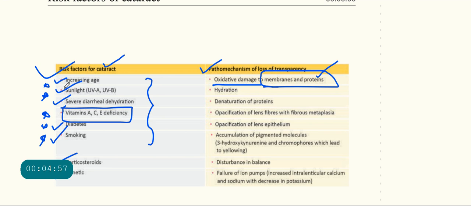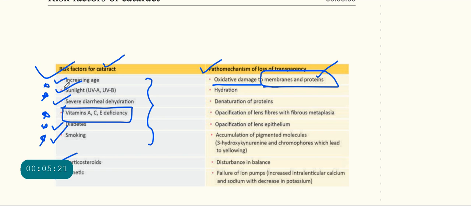In sunlight, due to dehydration, it leads to cataract. Due to sunlight exposure there could be dehydration in the eye that would ultimately lead to cataract. In severe diarrhea and dehydration, there would be denaturation of the protein that would ultimately lead to cataract.